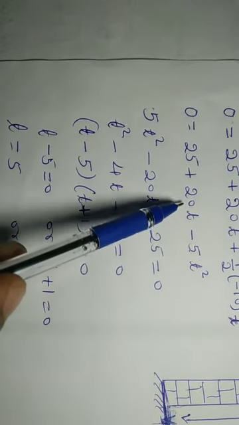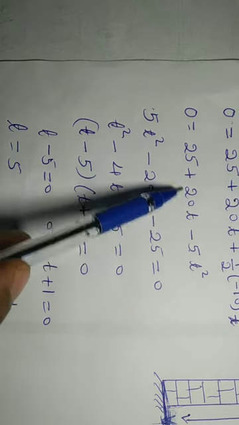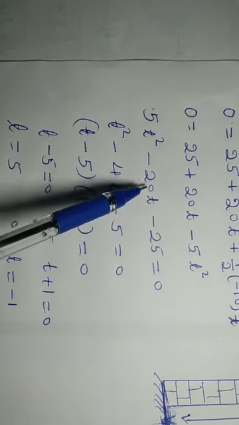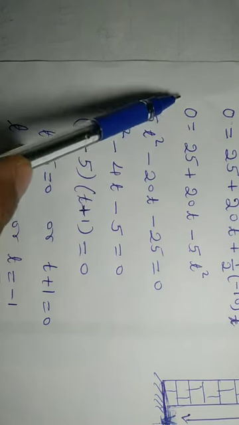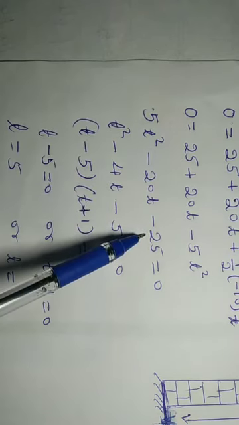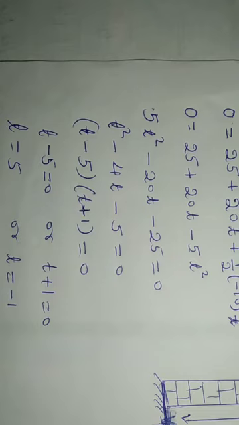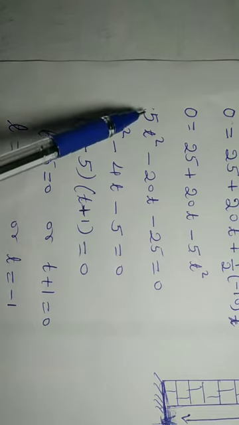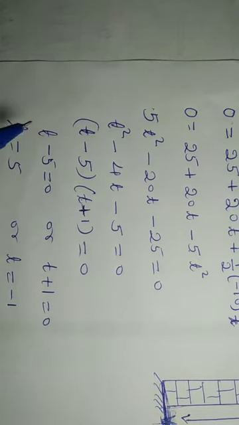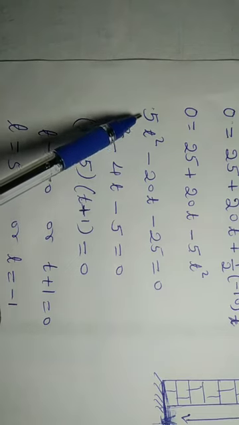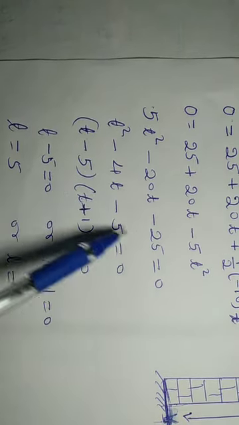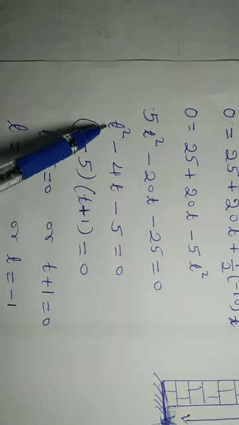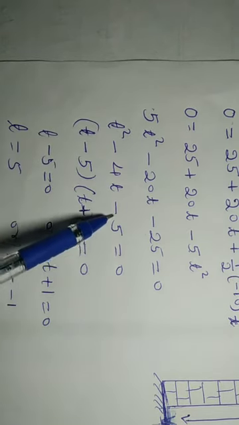When you bring plus 20t to the left hand side, it becomes minus 20t. When you bring the 25 to the left hand side, you will get minus 25 equal to 0. Now everywhere 5 is common, so you can cancel it. 5 ones are 5, 5 fours are 20, 5 fives are 25, equal to 0. You will get t square minus 4t minus 5.